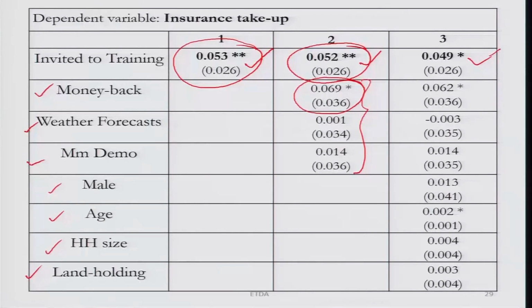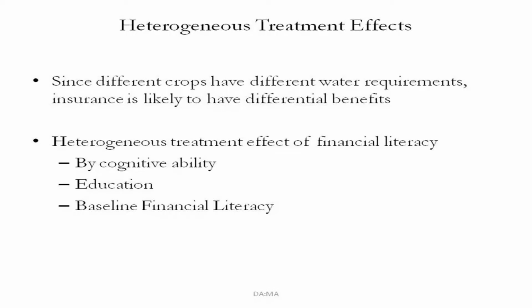So, one more thing that the authors do is to understand whether this treatment effect, the average treatment effect that you see in this slide, which is about 0.05, is the same or homogeneous across the entire group of farmers that they have, or does it vary by the type of the farmer. So, what is the type that they are interested in?